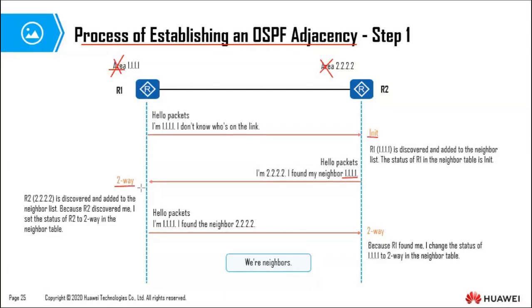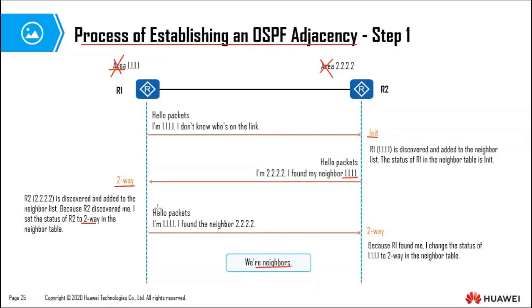This two-way state is what we call the neighbor relationship. Then R2 is discovered and added to the neighbor list. Because R2 discovered me, I set the status of R2 in my neighbor table to two-way, because this guy already knows me. Are you together? Yeah.